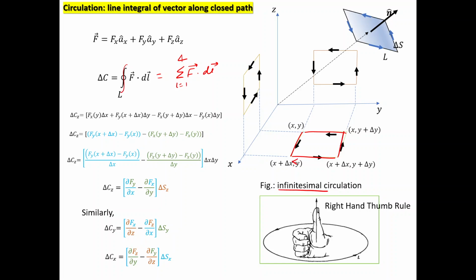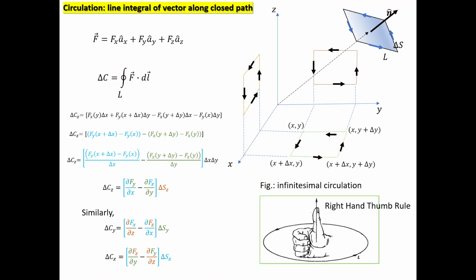And because this length is very small, del x is very small, del y is very small, then fx and fy or fz components in other cases will be considered as constant for a very small change of length.